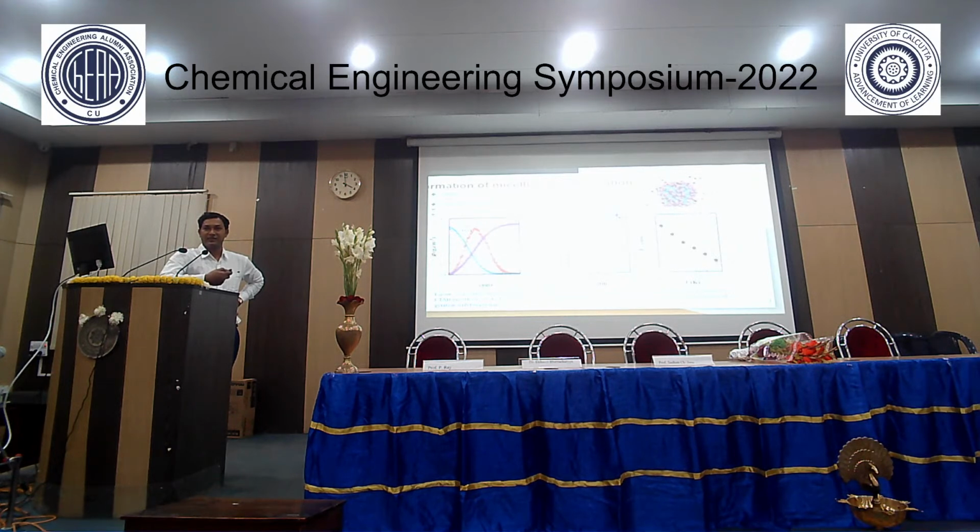This is very core material for us. How the surfactants behave is very core to us, and if the surfactant behavior is not really up to the mark, then we should reconsider whatever models we have taken.